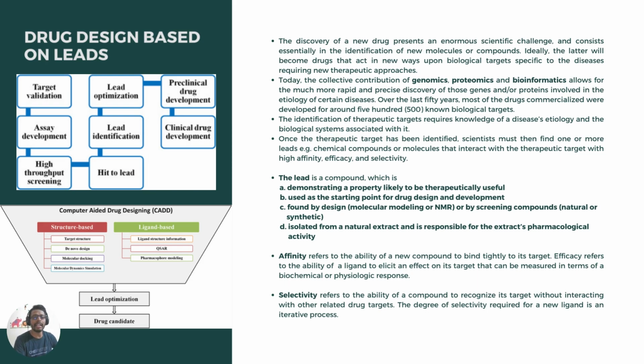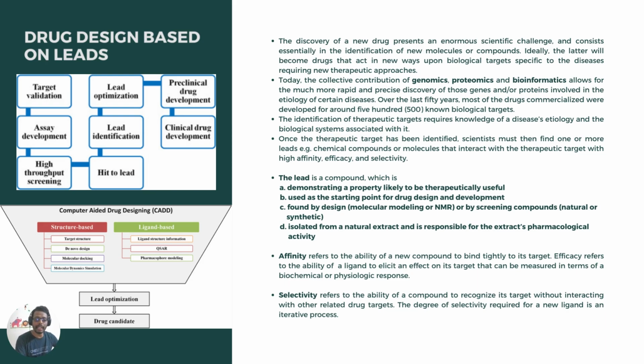The identification of therapeutic targets requires knowledge of disease etiology, meaning how the disease forms and how it shows its effect. All this comes under disease etiology, and the biological systems associated with it were identified as therapeutic targets. So all this information is available for us.